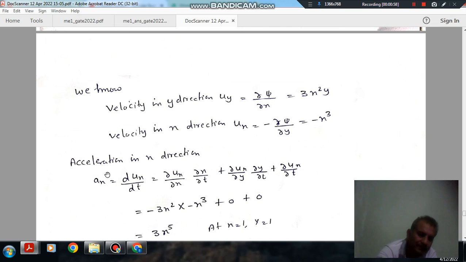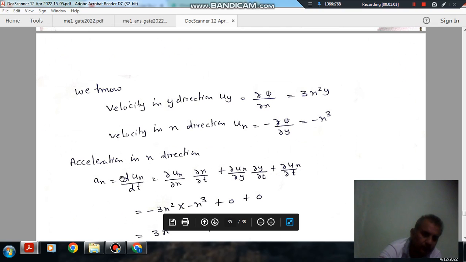Okay. Now acceleration in x direction, a_x, is equal to du_x by dt, and it will be equal to u_x partial derivative with respect to x times partial x by partial t, plus partial u_x by partial y times partial y by partial t, plus partial u_x by partial t.